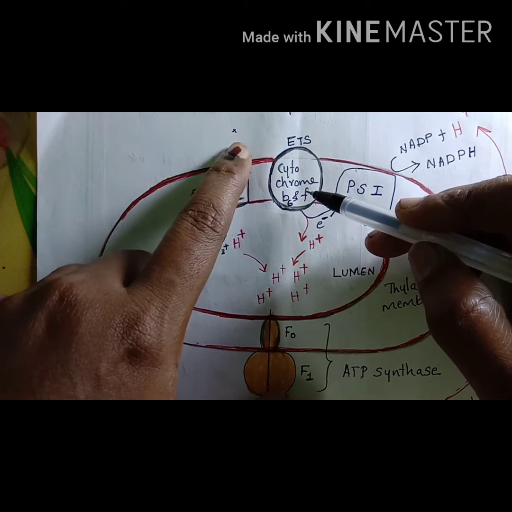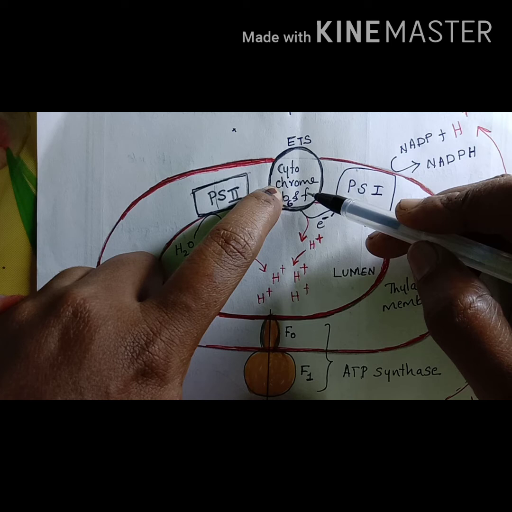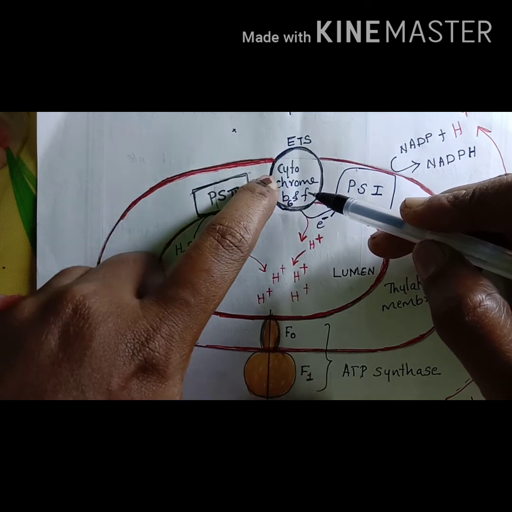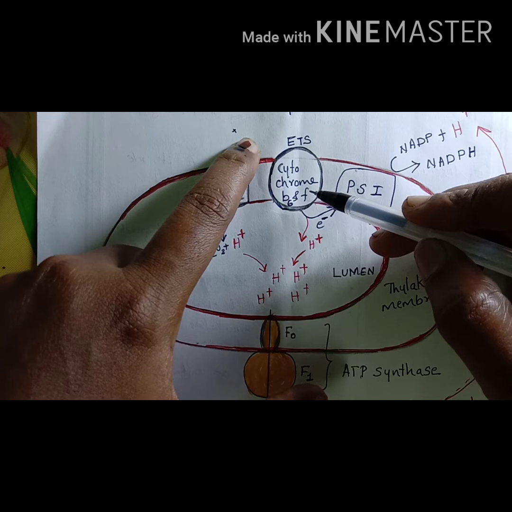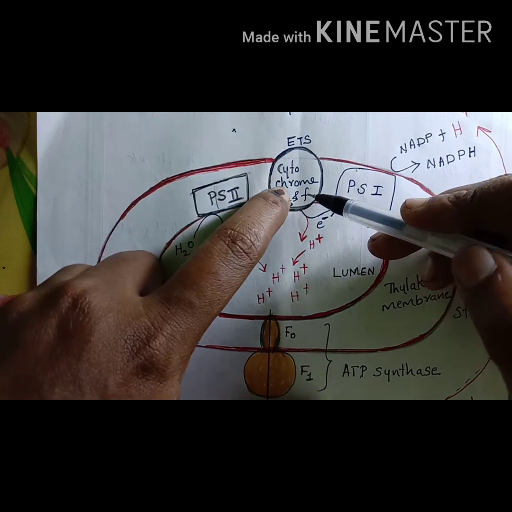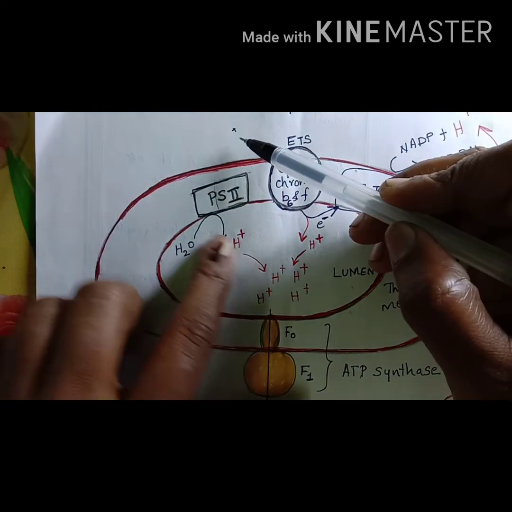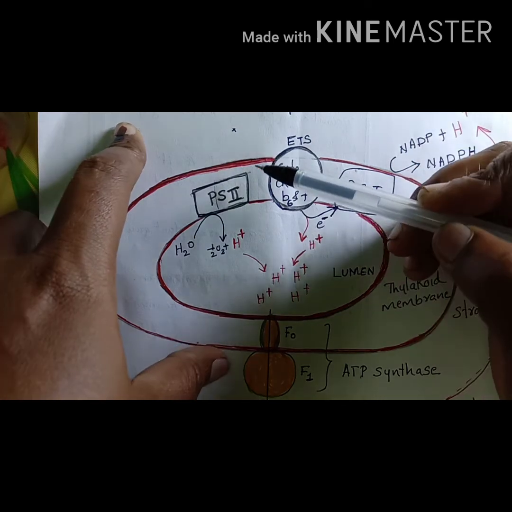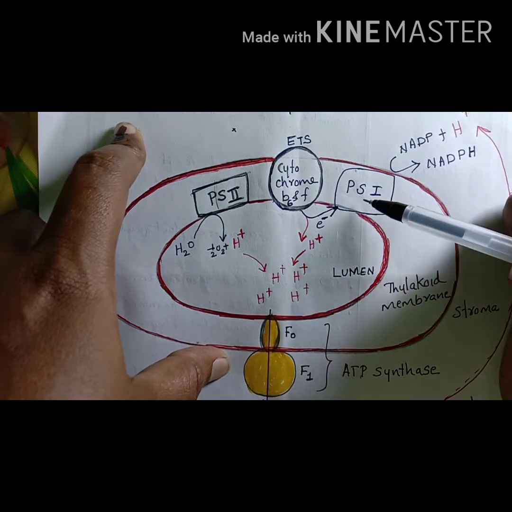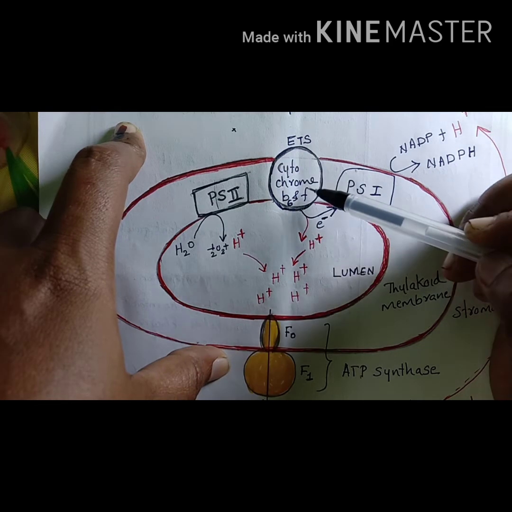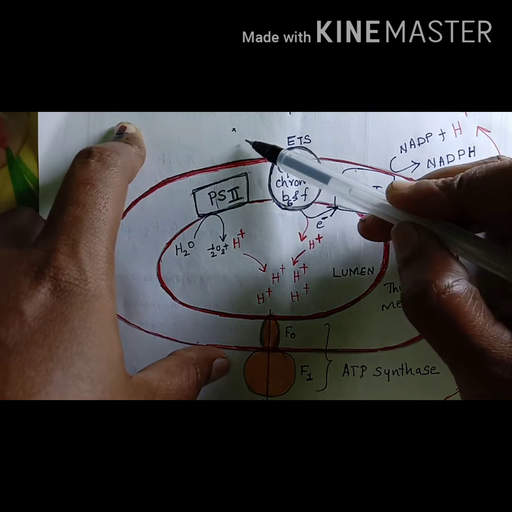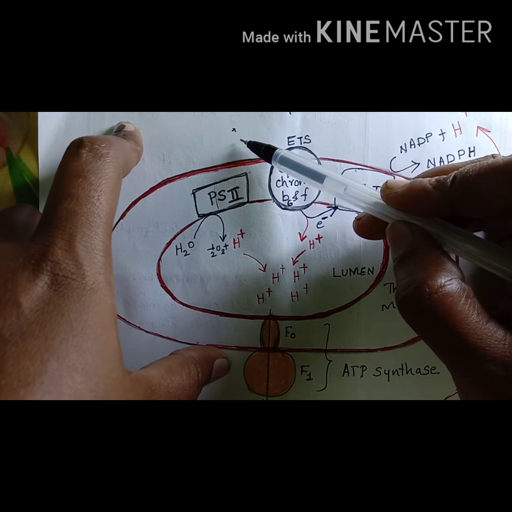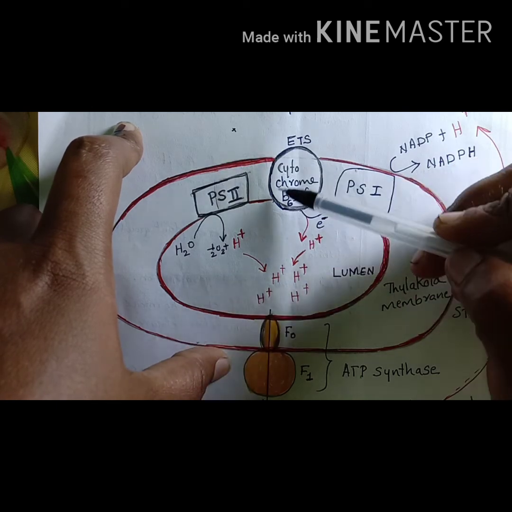When this electron comes to the electron transport system, it will bring a proton from the stroma region to this portion. From the electron acceptor, the proton comes back to PS1 through the electron transport system with the help of a proton carrier. So one proton is also coming along with this electron.